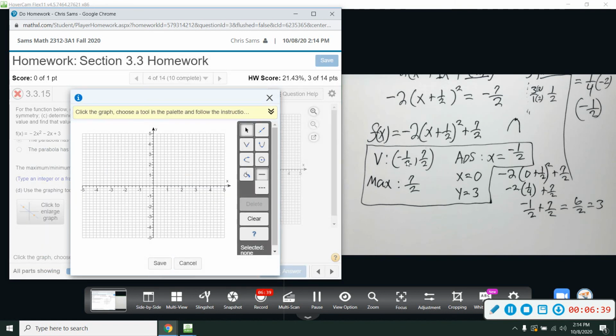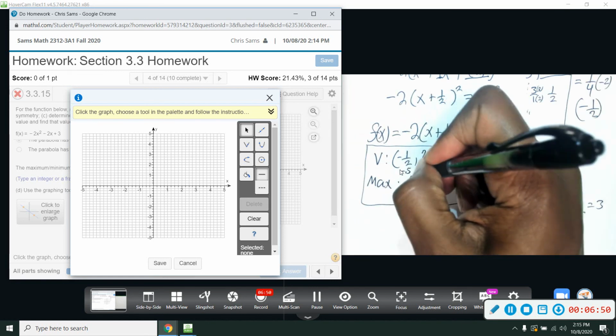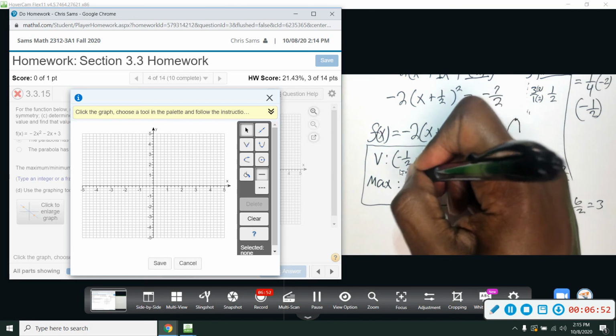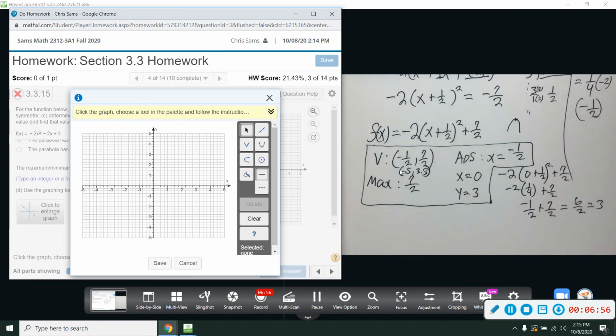So the vertex is negative 1/2 and 7 over 2, which adds a decimal. So you want to convert these to decimals because that's what you're going to see on the graph. Negative 1/2 is negative 0.5, and 7 over 2 is 3.5. You can just convert those with a calculator, but you're going to have to do them in decimal format here. So parabola, negative 1/2, and then positive 3.5.